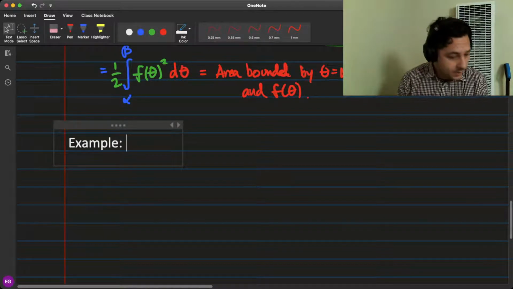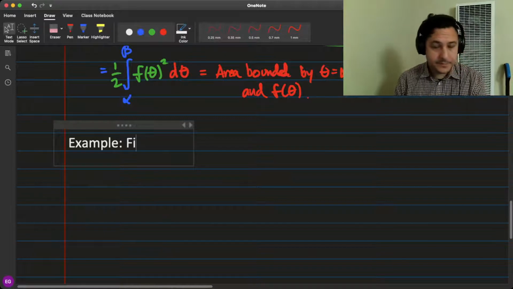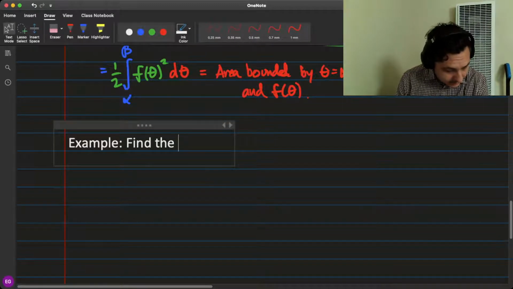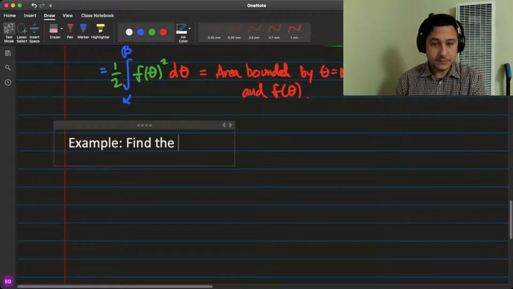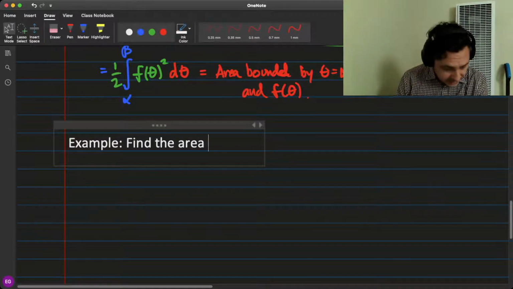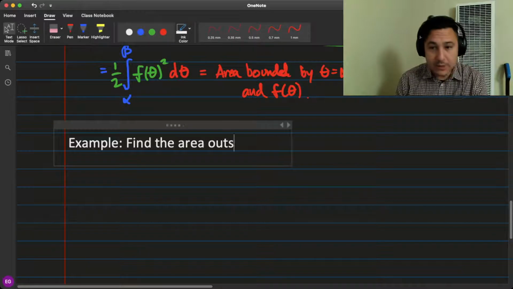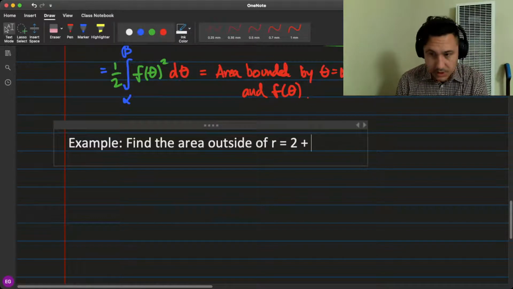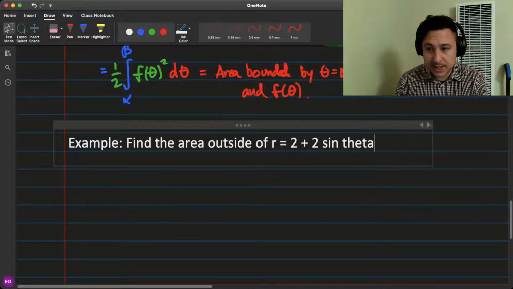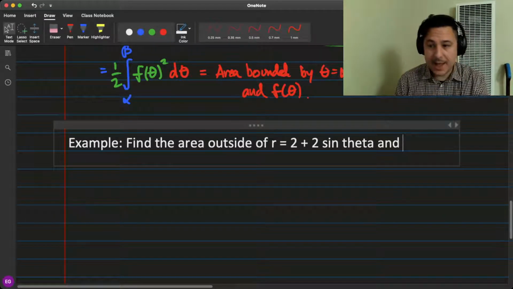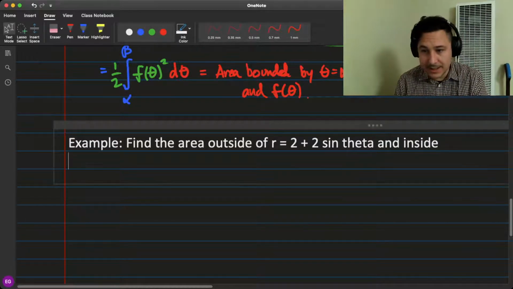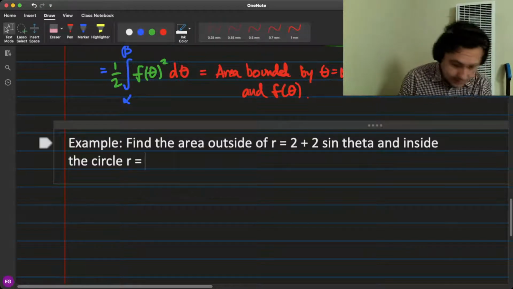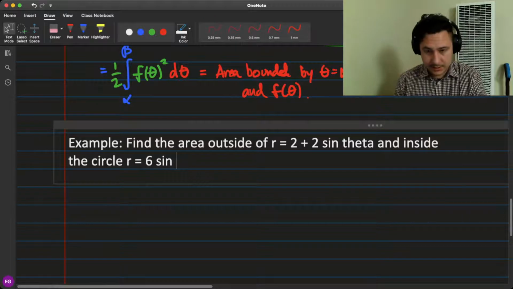So example, find the area outside of r equals 2 plus 2 sine theta and inside the circle r equals 6 sine theta.